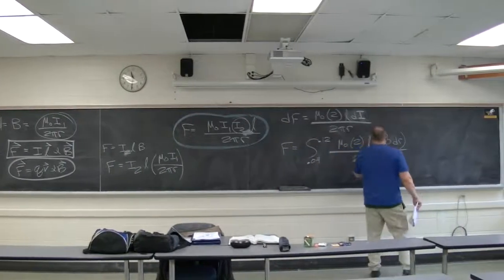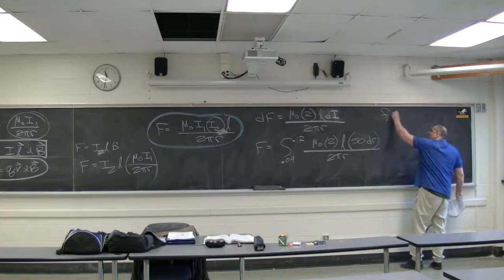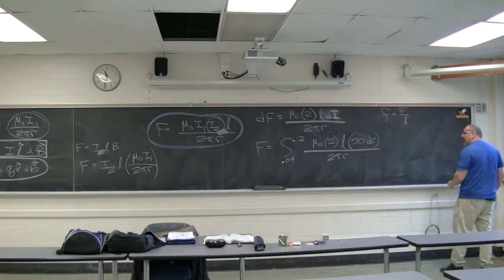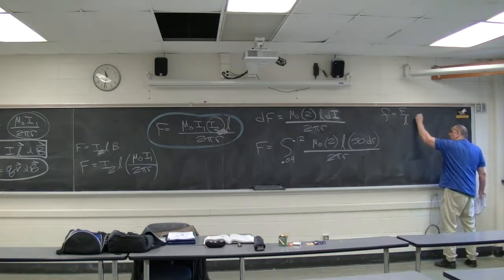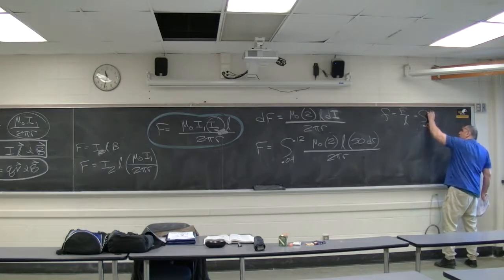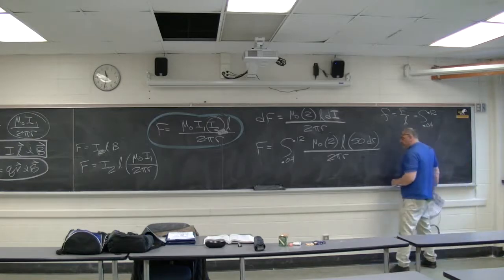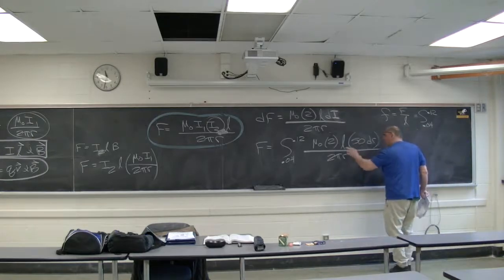If the L is constant, do you mind if I divide by L on each side? F over L is the force per unit length. Equals the integral. Here goes, dr varies. Everything else is a constant.